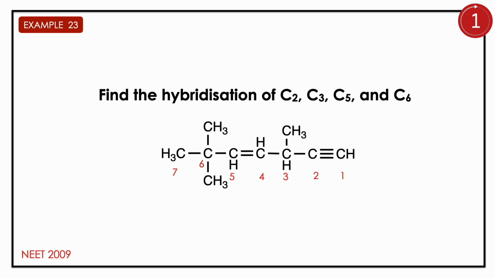Then the next question, a long chain compound is given. You should find the hybridization of C2, C3, C5 and C6. So you should analyze the bonds and find the hybridization.